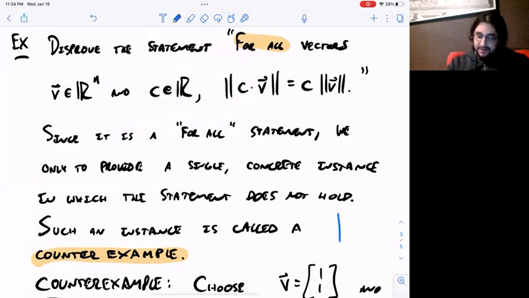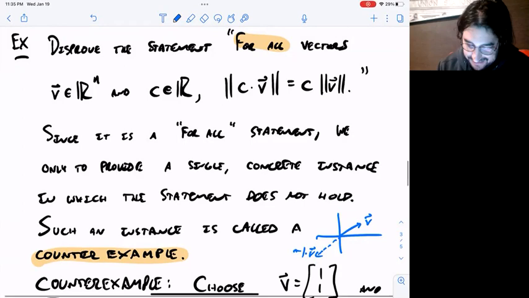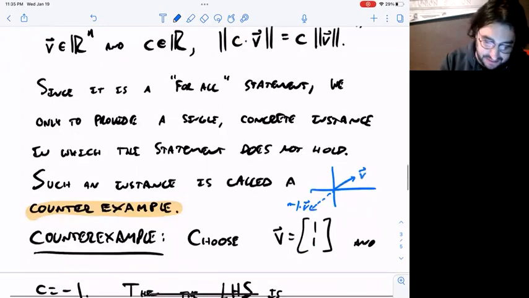You can think of our axes, some vector v, and then C as -1, so it comes down here. C times v, with C equal to -1, is now down here, but the magnitude of that is still positive, even though when the -1 is out front, you get a negative quantity. So that's all there is to that. All right, great.